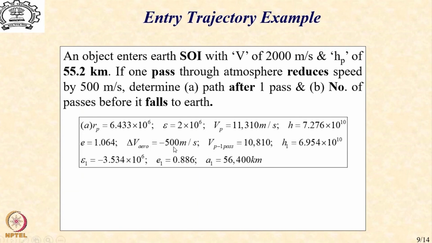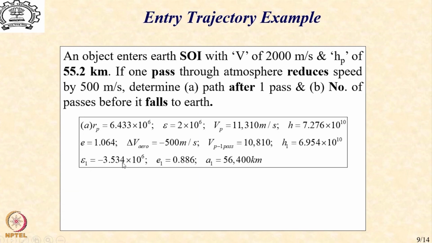Now we assume that in one pass it will reduce the velocity by 500 meters per second. So at the periapsis, we assume this to be an instantaneous act because the velocity is very large. It will reduce the velocity from 11,310 meters per second to 10,810 meters per second. And at this point, the altitude is 6,954. Sorry, not altitude, this is the angular momentum term.